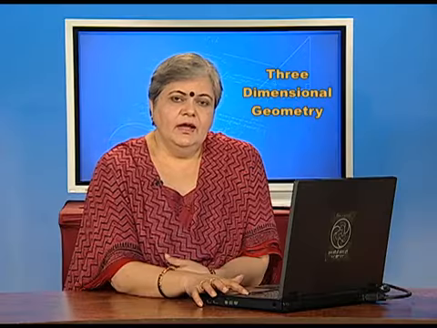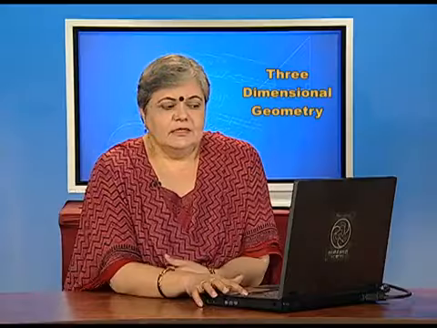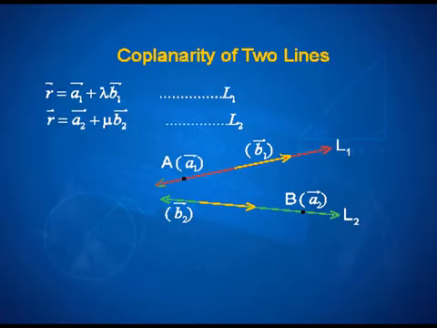If I have the line L1 equation given, what I do know about that line is that it is passing through the point A with position vector a1 and is along a vector b1. Similarly, the L2 equation given to us means that the line is passing through the point B with position vector a2 and is along a vector, say b2 vector.